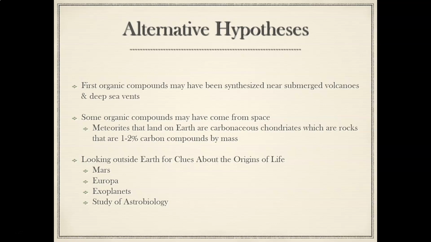Exoplanets. And this whole idea of studying astrobiology, so taking astronomy and biology and mixing it together, we're looking at exoplanets, so planets outside of our solar system, out in the universe, that fall within what we call the habitable zone. And what that really just means is that they're close enough to their star to be warm enough to support life like we're used to seeing here on Earth, but not so close that it's too hot and not so far away that it's too cold.